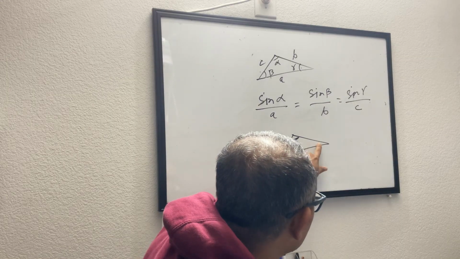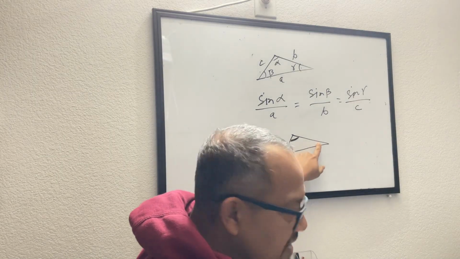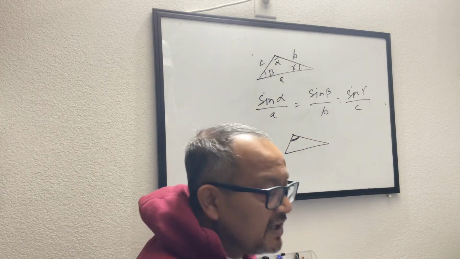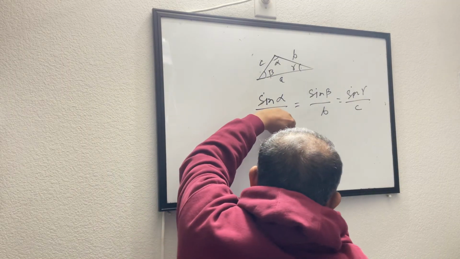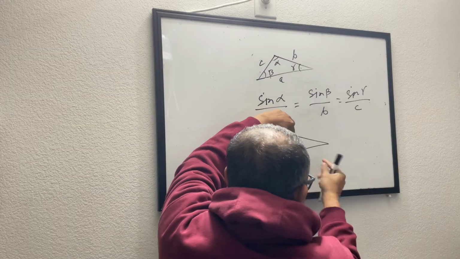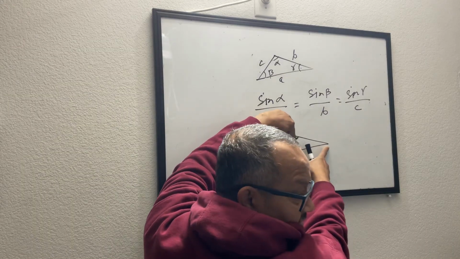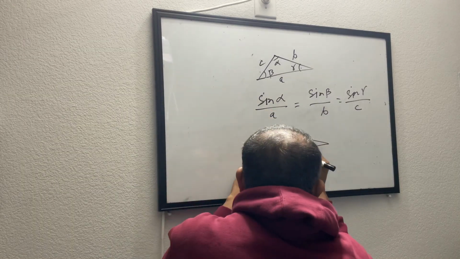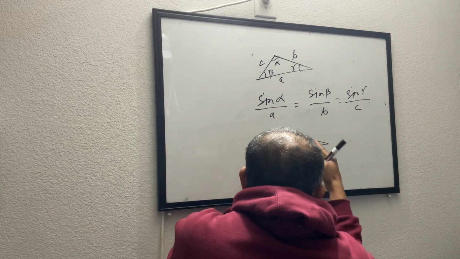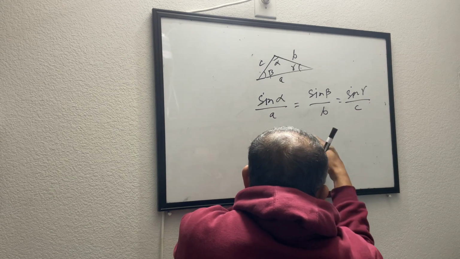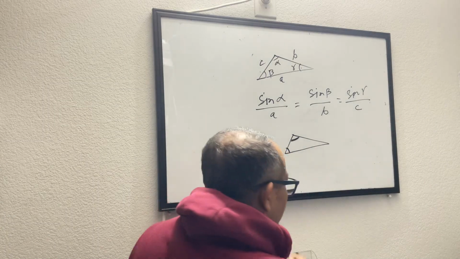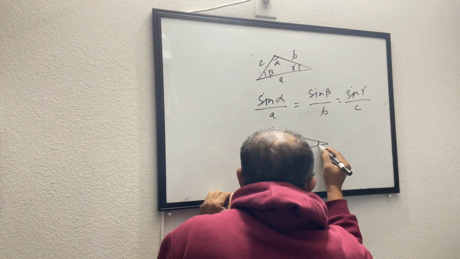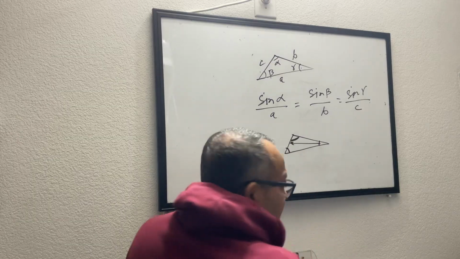This is the smallest of the three. And the angle and the side have a direct relationship. If this is the biggest angle, the side opposite to that is the biggest of the three sides. If this is the medium size angle, the side opposite to that is the medium size between the three sides. If this is the smallest angle, then the side opposite to that is the smallest of the three sides.